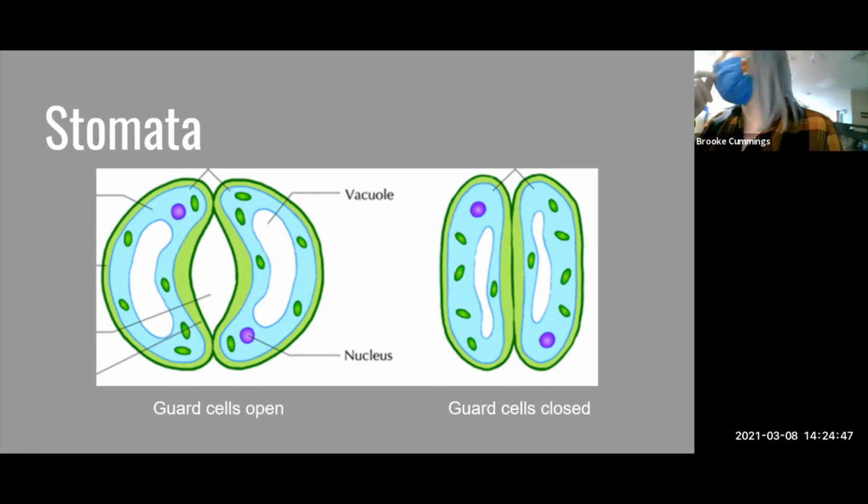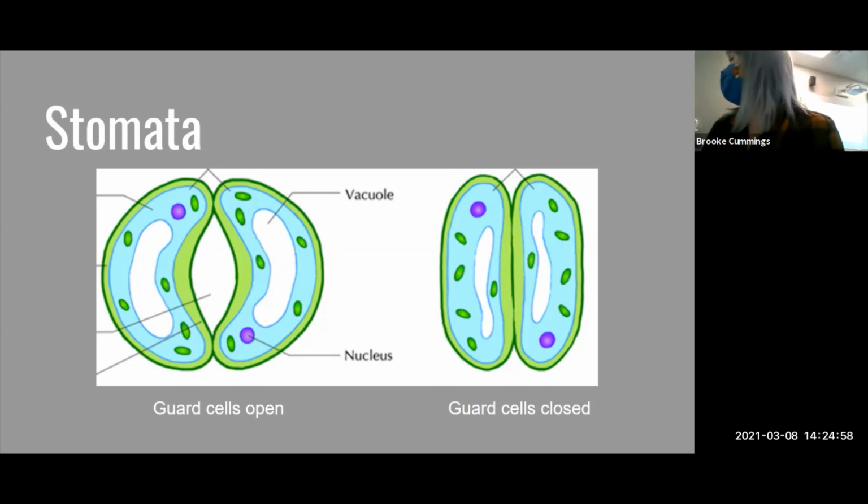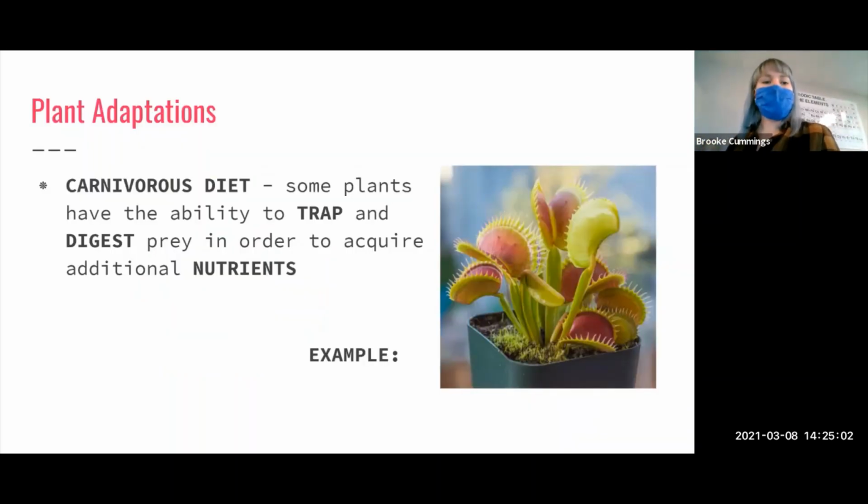The stomata will be closed in order to prevent that water vapor from escaping, because if the plant needs it for whatever's happening at that time, then it's going to keep that from escaping.